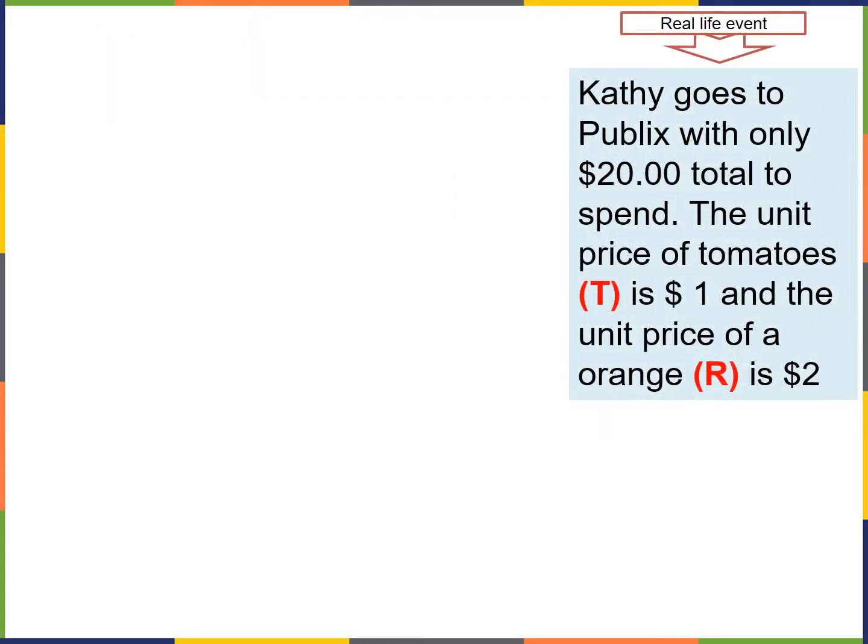So let's start with the real-life event of Kathy going to Publix with only $20. She needed to purchase some tomatoes, $1 each, and oranges, $2. Now for the mathematical formulation, T represents the quantity of tomatoes that you will purchase, and R represents the quantity of oranges that you will purchase.